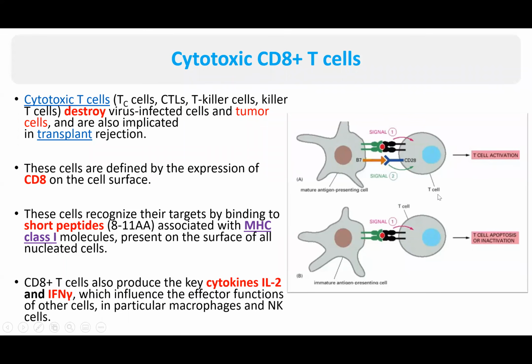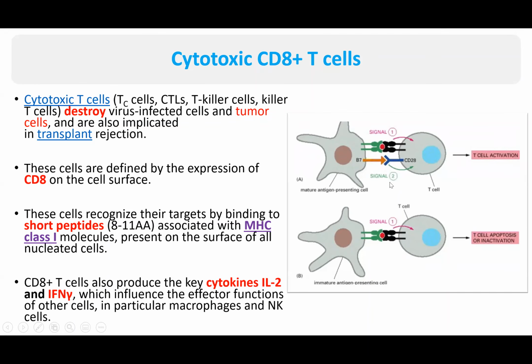So CD8 positive T cells must interact with major histocompatibility complex class 1 expressed on the surface of mature dendritic cells. Signal 1 here comes from the interaction between the TCR, the T cell receptor, and the antigen-major histocompatibility complex expressed by the mature dendritic cell.